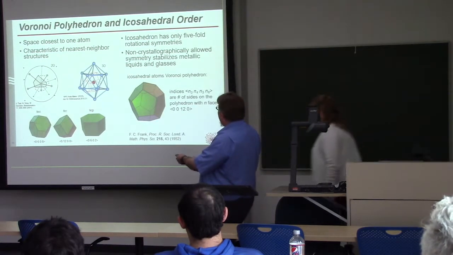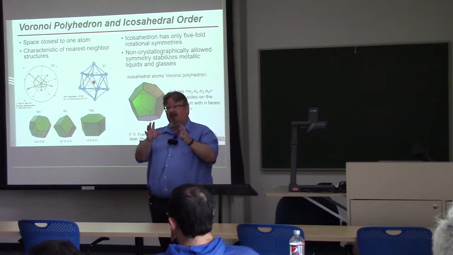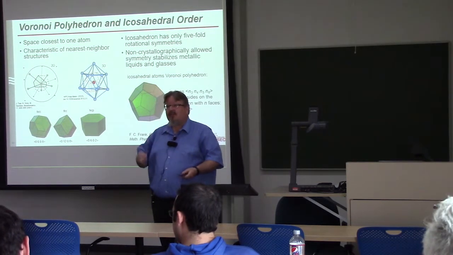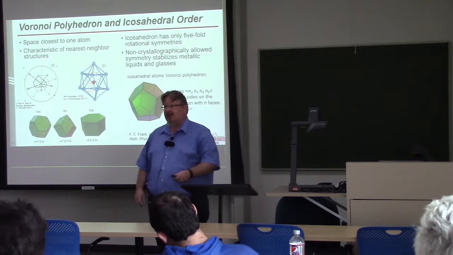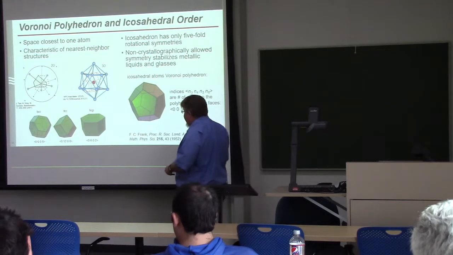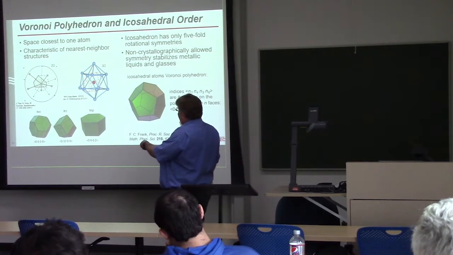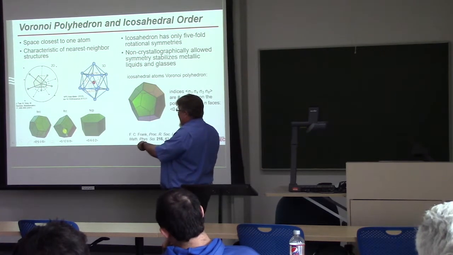Ta-da! Okay, so once you have one of these kinds of models where you know the positions of all the atoms, you also want to be able to develop some kind of abstract description of what those atomic positions are. There are a lot of different ways to do this, but the one that I'll highlight today is the construction of a Voronoi polyhedron around each atom.